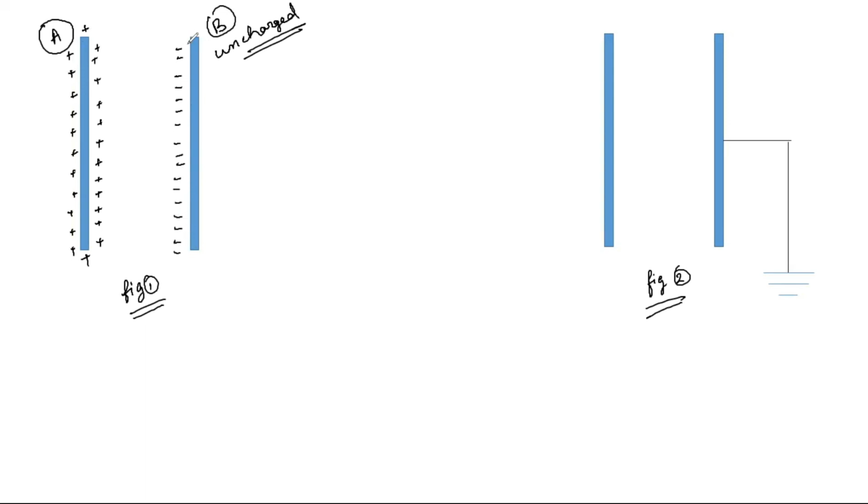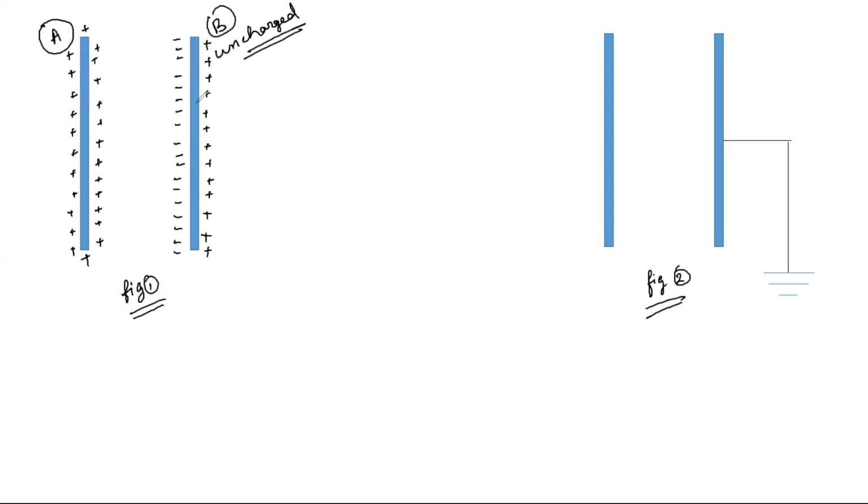And because of this negative charge induced on plate B, there will again be a positive charge induced on the outer face, or the further face, of this plate B. So a negative charge is induced on the inward face near to plate A, and a positive charge on the further or outer face of plate B.